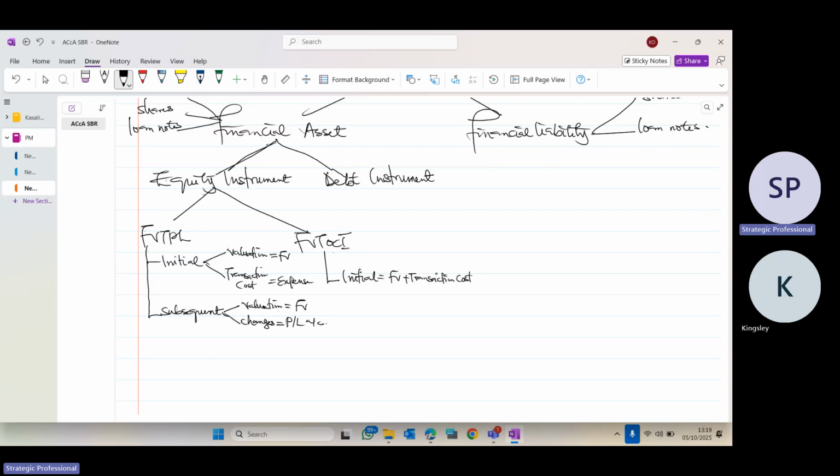To buy equity, to buy financial instruments which a bank is selling, the fair value would be the original cost of the instrument. Then any other costs, if it is going to P or L, you will expense it. If it is going to OCI, that will be added to the amount. It will be the total cost that we paid towards the acquisition of the instrument.